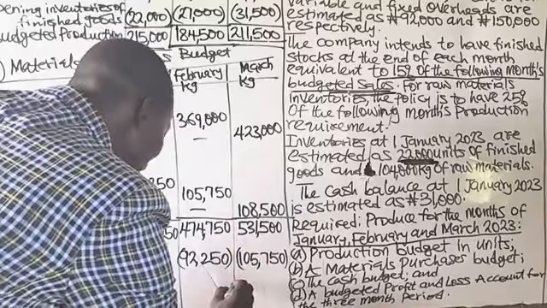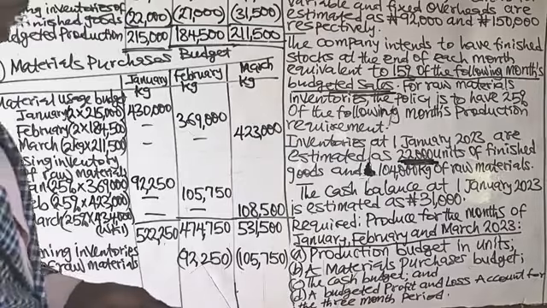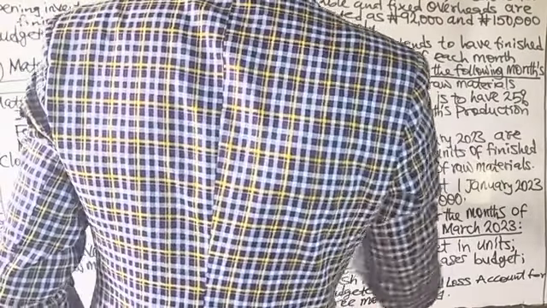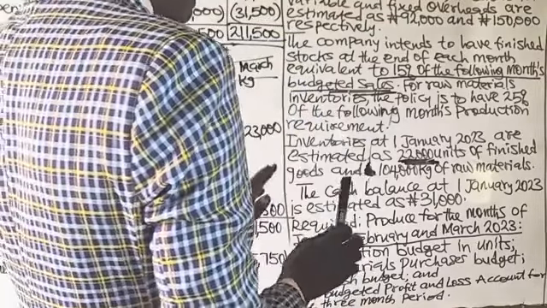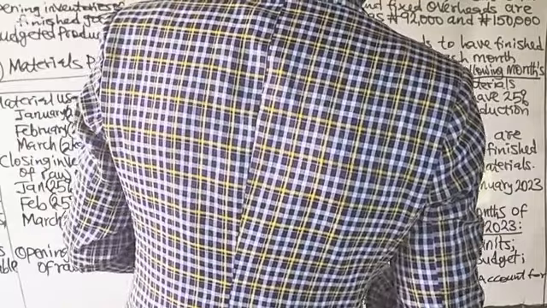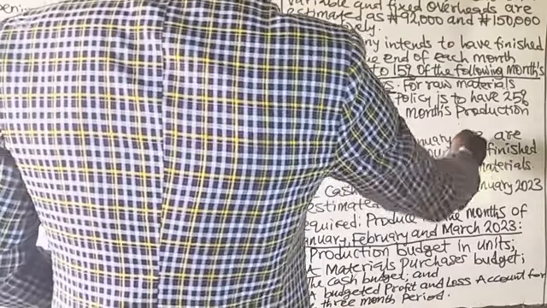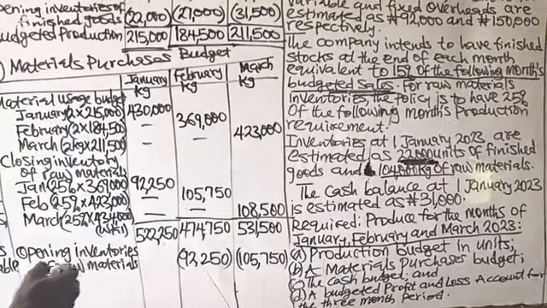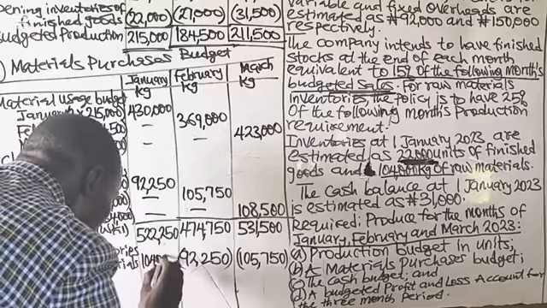Therefore, what is the closing inventory in the month of January? Back to the note. Inventories at 1st of January 2023 are estimated as 22,000 units of finished goods, and 104,000 kg of raw materials. So the opening inventory for raw materials is 104,000 kg.